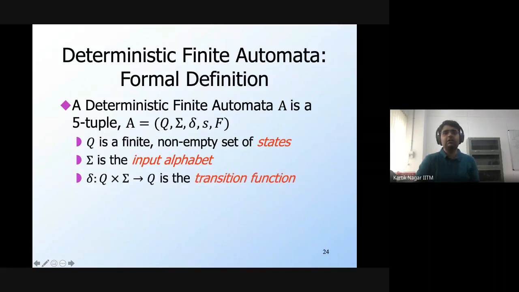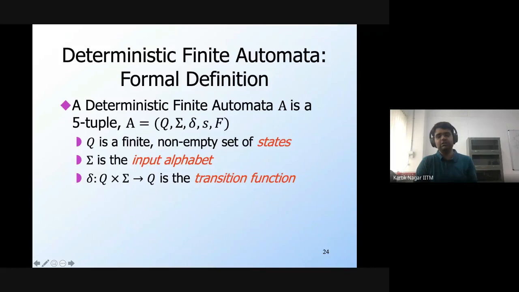Okay? So next is the transition function. This is the second important component of a DFA. Let's look at the signature of this transition function. This delta is defined as a function whose domain is Q cross sigma and whose codomain is Q. So what this is saying is that if you're given a state q and a symbol a in the alphabet sigma, then it associates another state to this tuple.